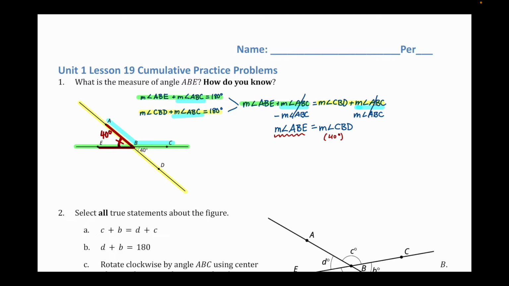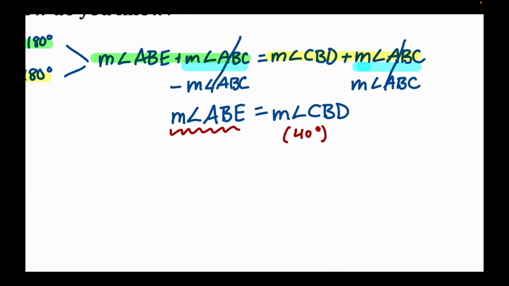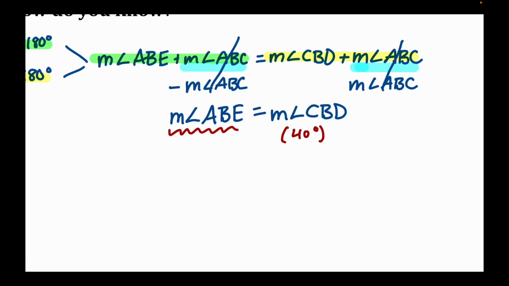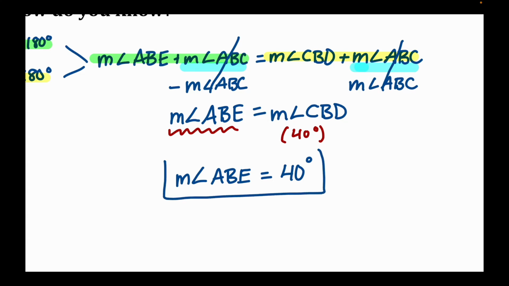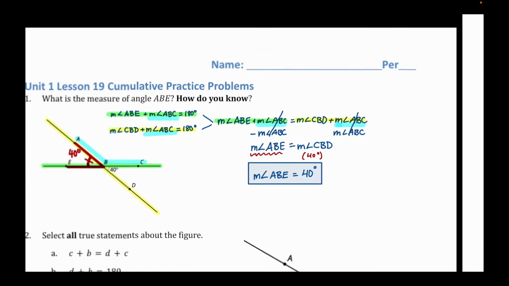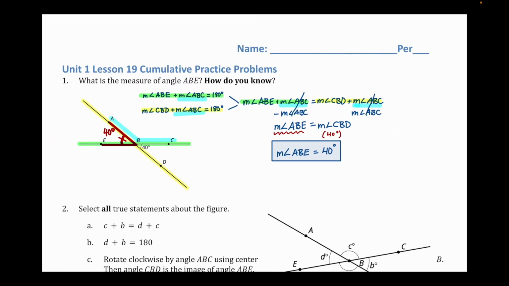So that is the algebraic way of showing this. We can actually substitute in here then and say measure of angle ABE is equal to 40 degrees and actually show an answer using some algebra. So that is how I know.